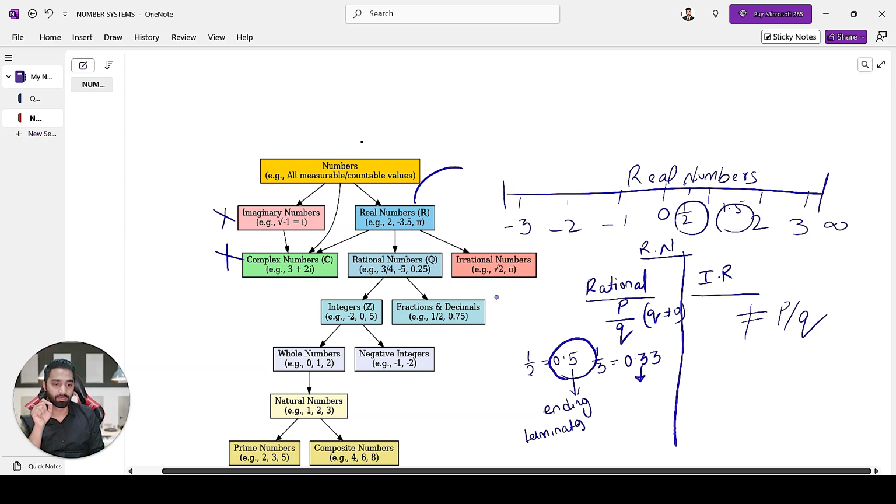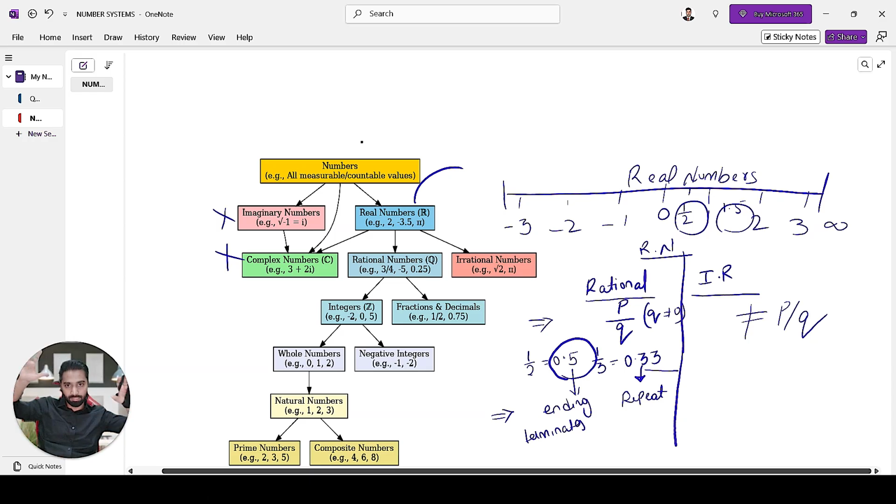For 1 by 3, 3 3 3 3 3 3 goes on and on. So it repeats. These are the two conditions that you need to remember.